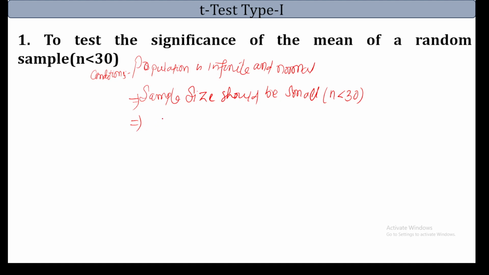Then the population variance is unknown.